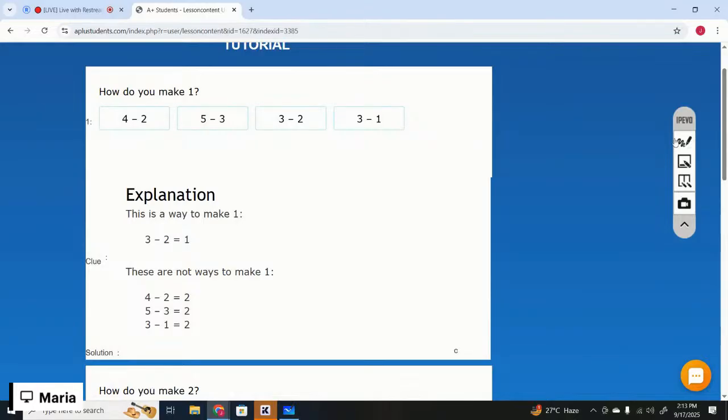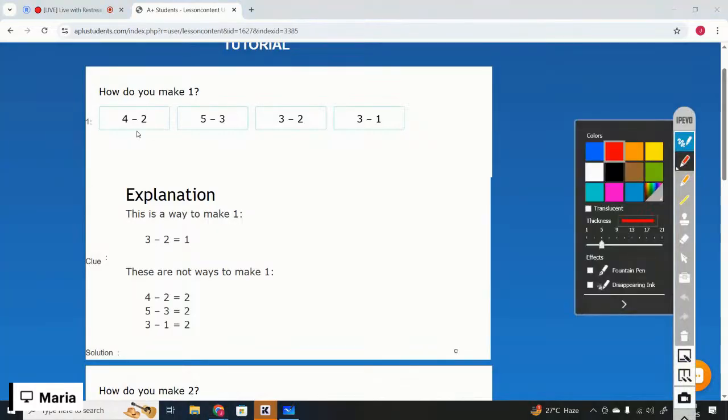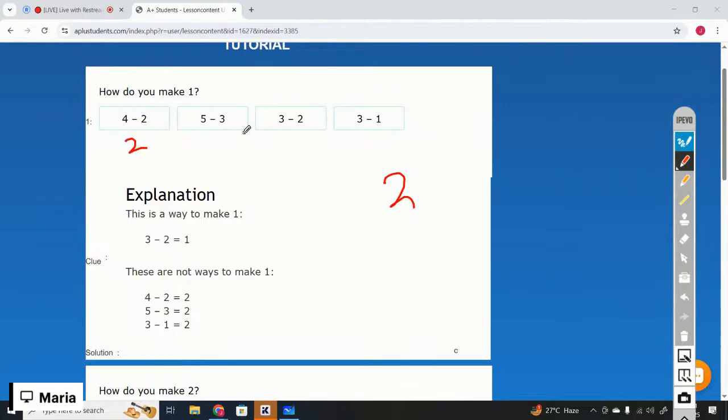So let's see which one makes 1. 4 take away 2 is 2. 5 take away 3 is 2. 3 take away 2 is 1. 3 take away 1 is 2. So the correct option is 3 take away 2 is 1.